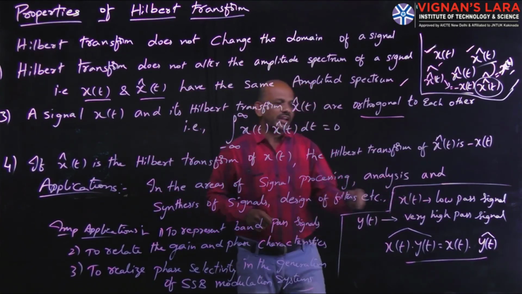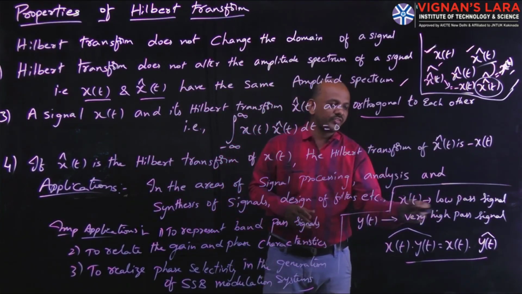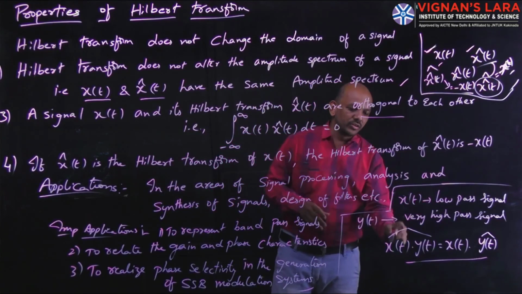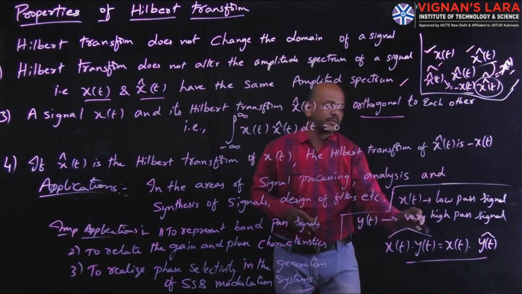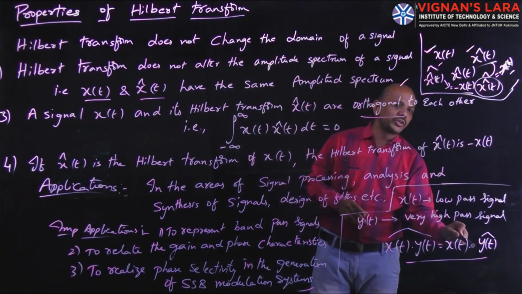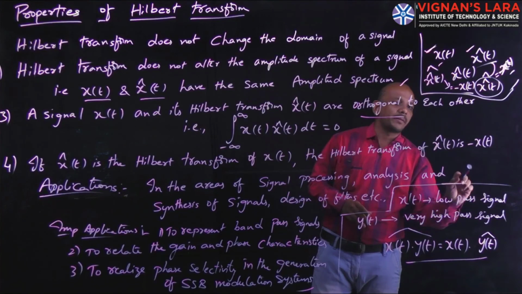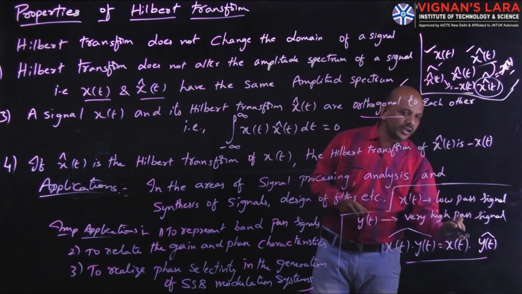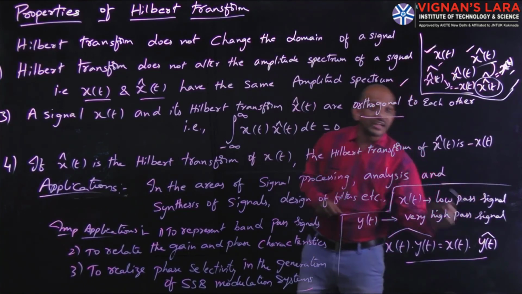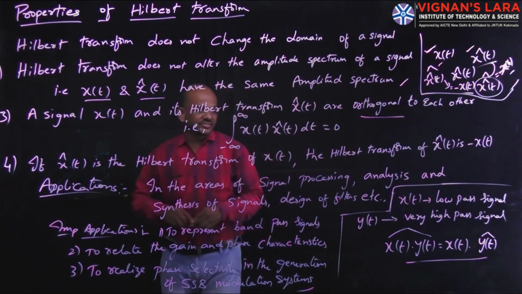So I took x of t as the low pass signal and y of t as the very high pass signal, so the Hilbert transform of x of t into y of t will be equal to x of t into y cap of t.